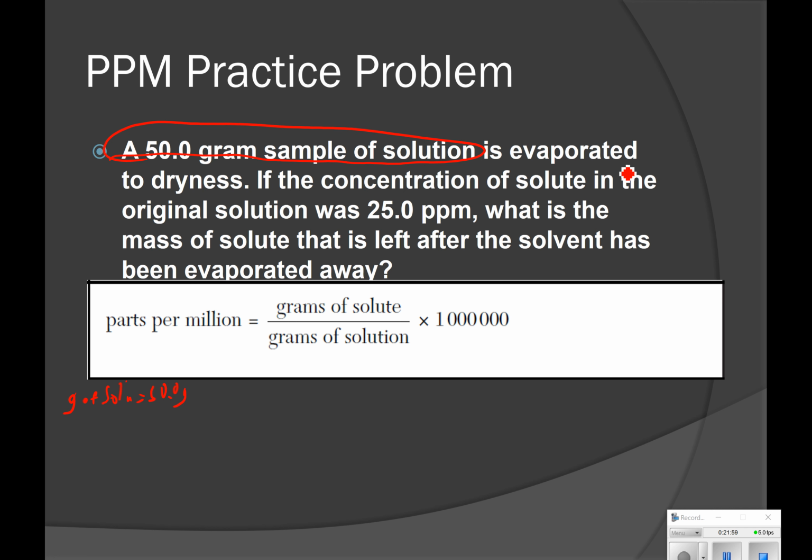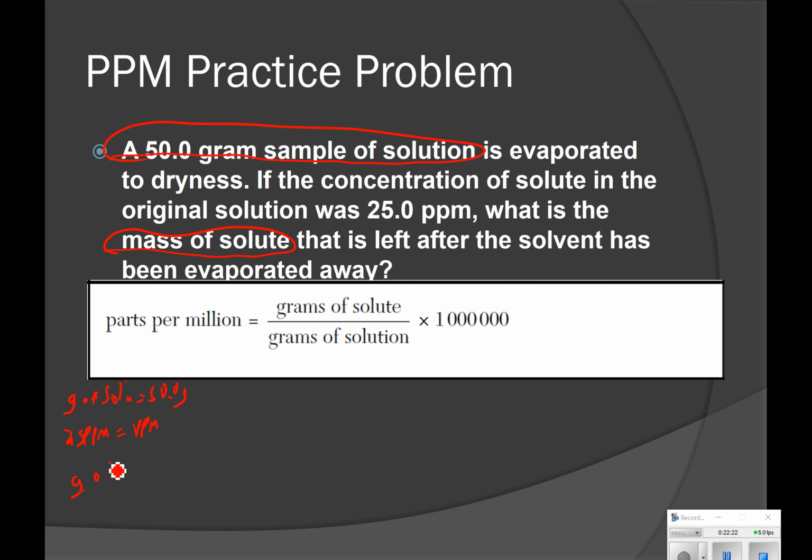So we're going to remove all the water from that solution, and we're going to be left with whatever was dissolved inside of it. Now the concentration in the original solution was 25 parts per million. So that was our ppm, 25 parts per million. And we want the mass of solute that is left after the solvent's been evaporated away.